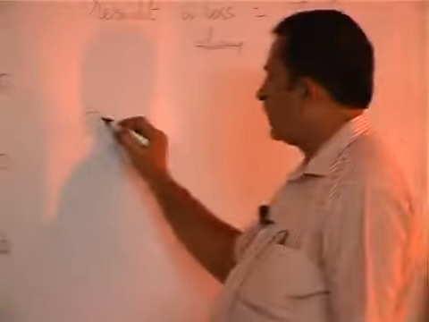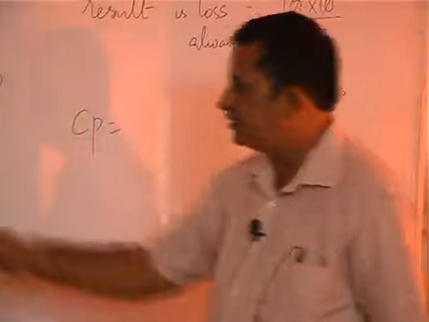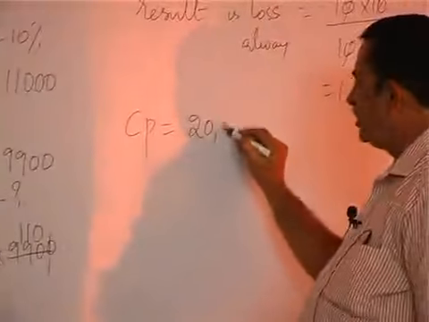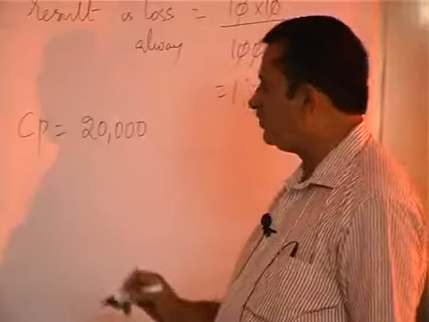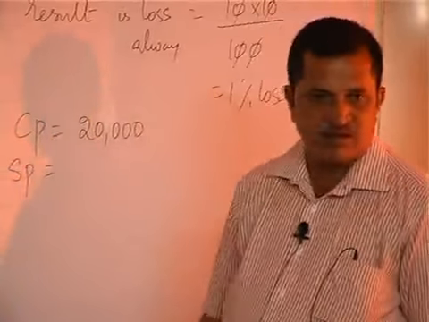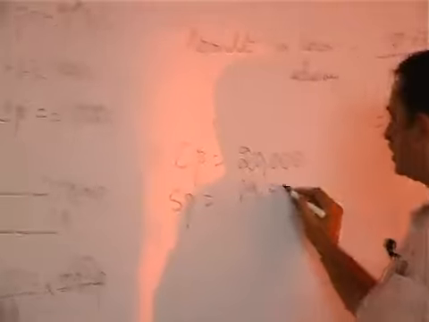Now I calculate my total business. What is the investment? The cost price: 9,000 plus 11,000, that is 20,000. After selling, how much did I receive from both the horses? 9,900 plus 9,900, 19,800.